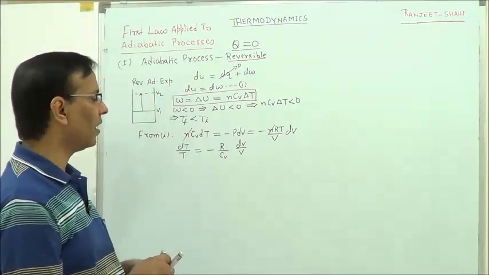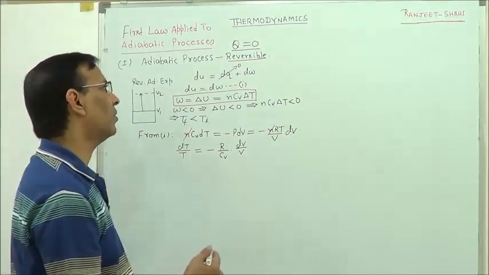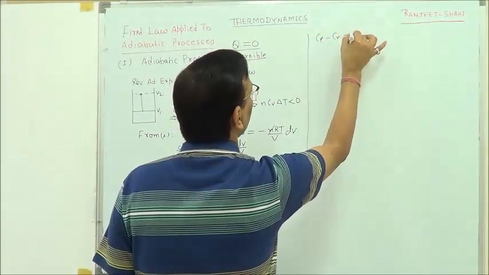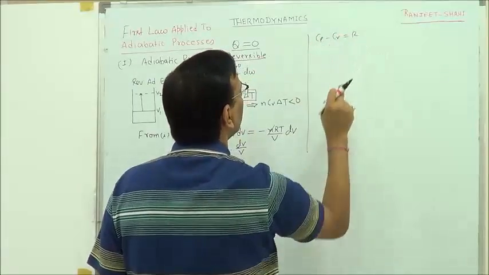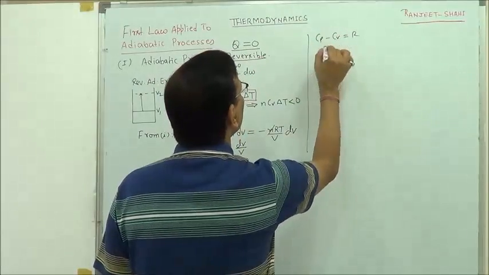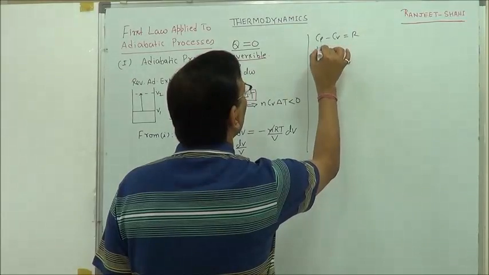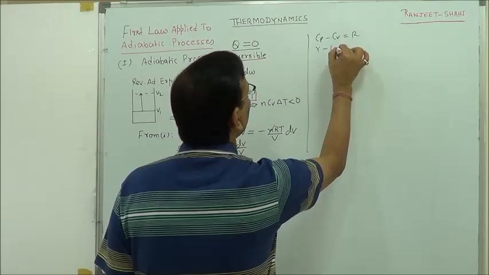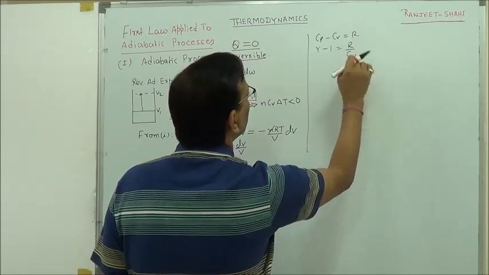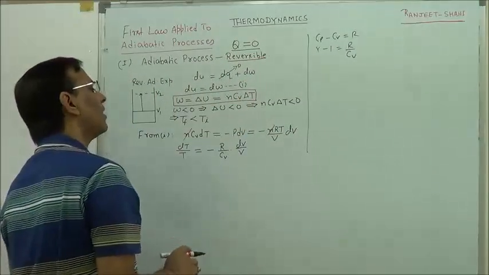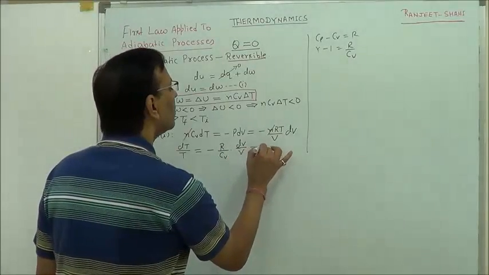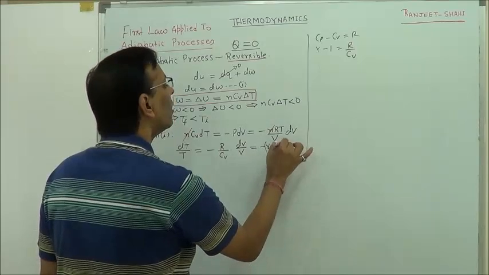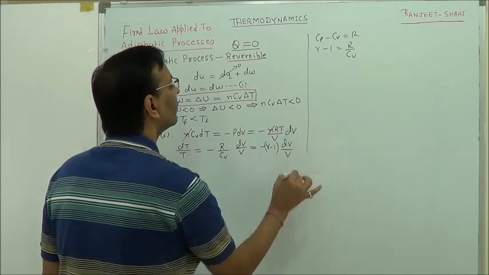Cp minus Cv is R, so if we divide it by Cv on the two sides, it becomes gamma minus 1 is equal to R upon Cv. So if we substitute R upon Cv as gamma minus 1, it will become equal to minus gamma minus 1 dV upon V.